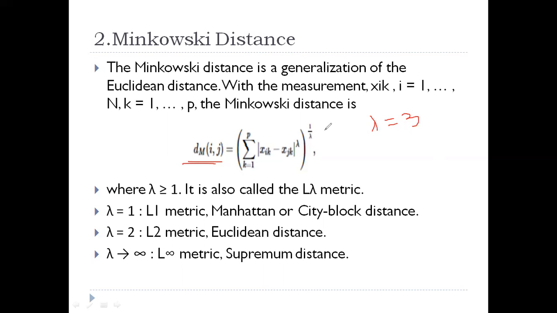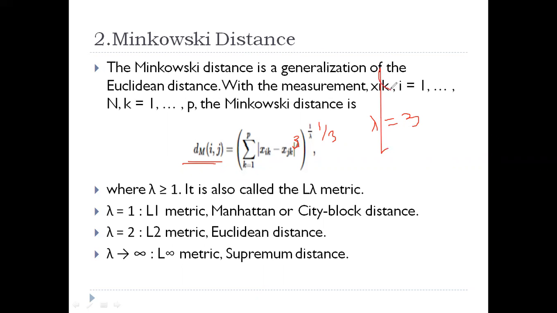Previously in Euclidean distance we had 1 by 2, with this whole square. Now if lambda is 3, you write 1 by 3, and this is whole cube. The remaining process is the same as Euclidean distance.